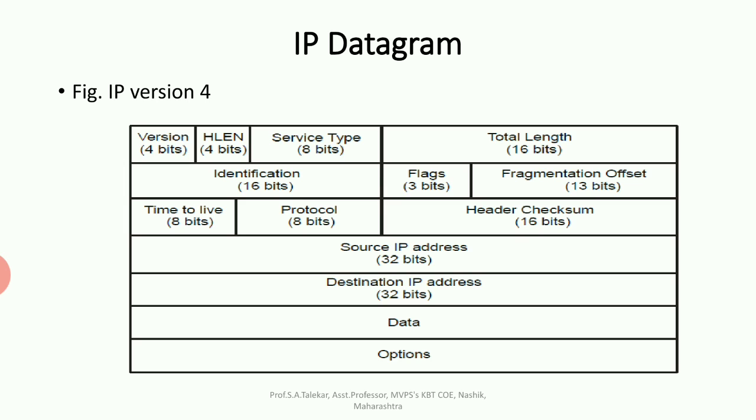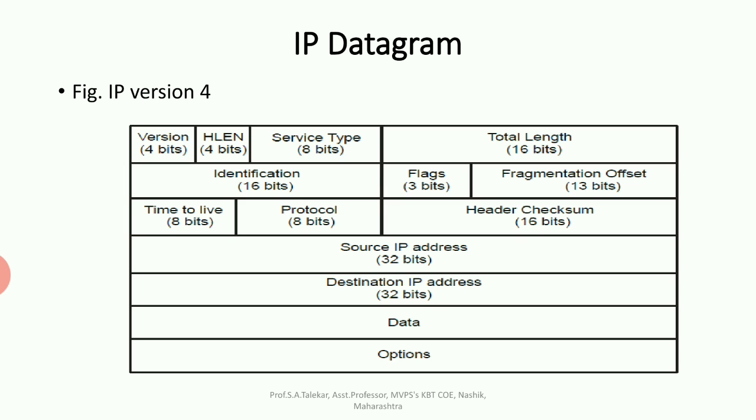The version indicates the actual version of the internet protocol. IHL or HLN indicates the length of the IP header in multiples of 4 octets. In some books it is shown as IHL, internet header length, and here it is described as HLN.